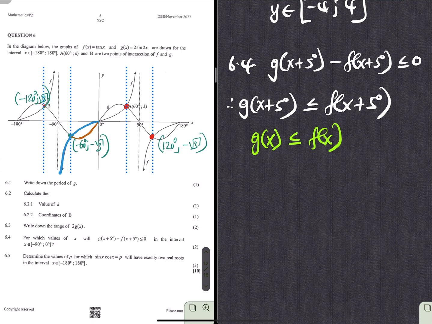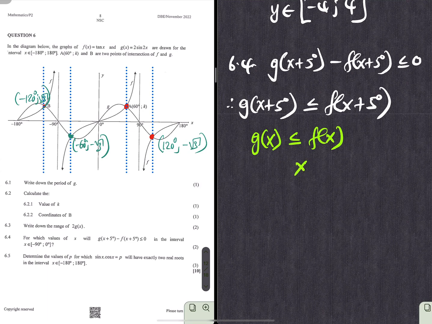So this is where the tangent graph is above g. So in that region, check something. Let me just write f at x here. I want you guys to see something in this space, that is in between negative 60 and 0.